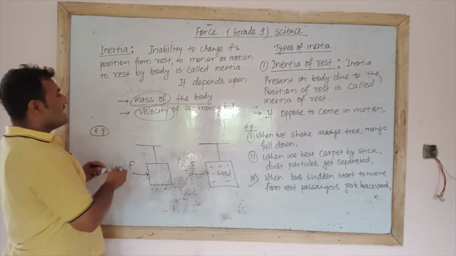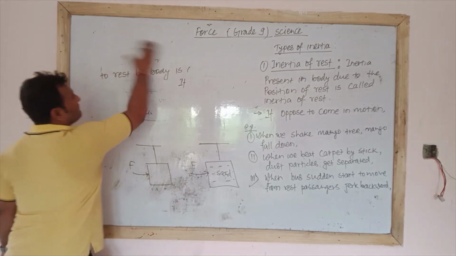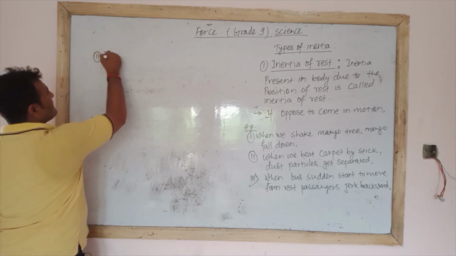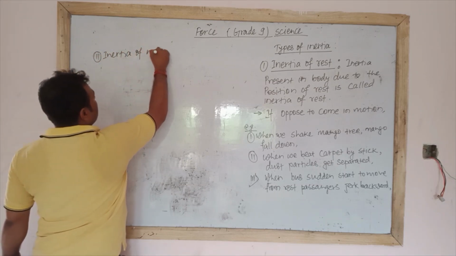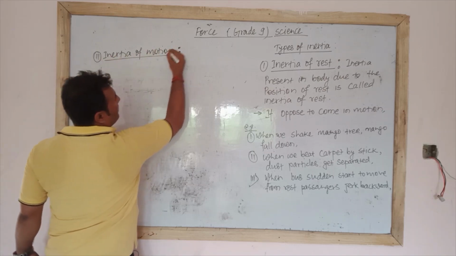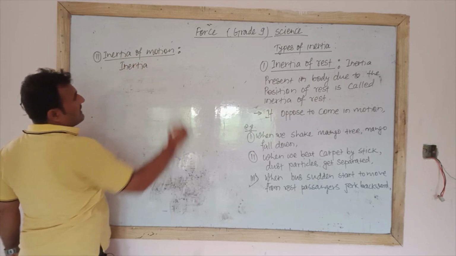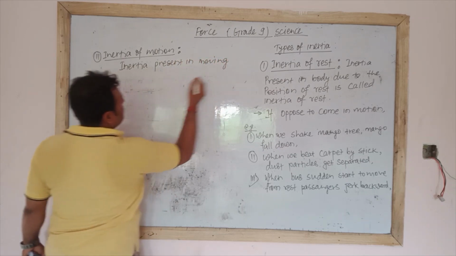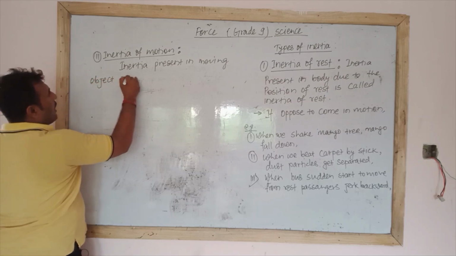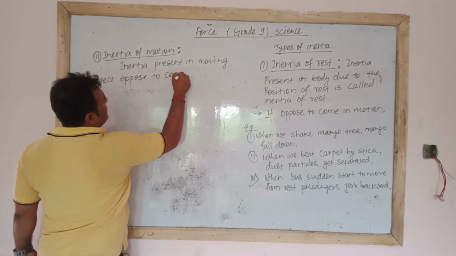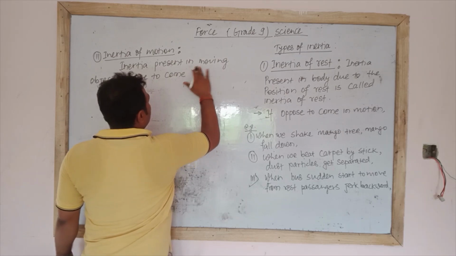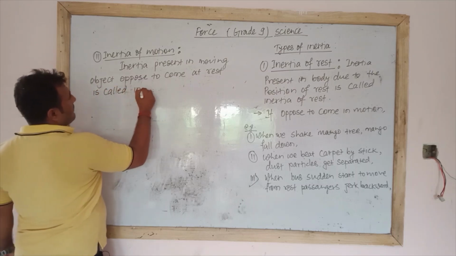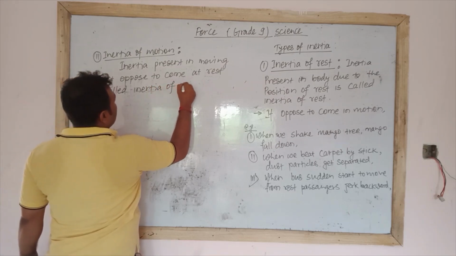Similarly, the other type of inertia is inertia of motion. Second type of inertia, inertia of motion. Inertia present in a moving object which opposes coming to rest is called inertia of motion.